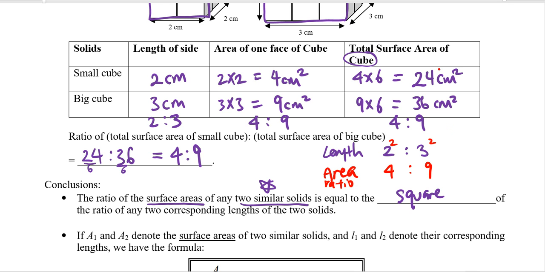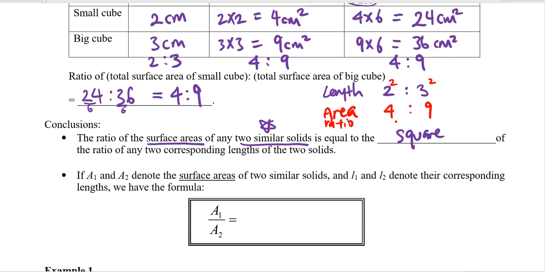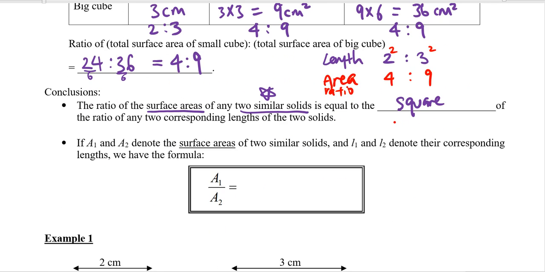So again, to conclude, in a mathematical formula, we can write that the surface area ratio of two similar solids is the corresponding length ratio squared.